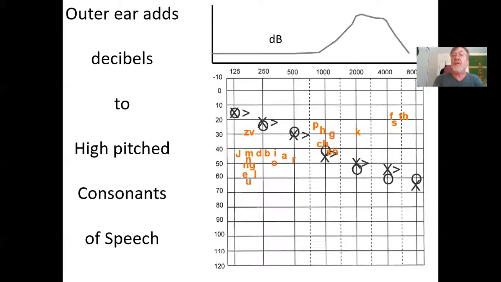Well, remember now, why do we have that, of course? To help us hear the high frequency consonants. Remember, the ear is made for the throat and lips and for speech, basically.